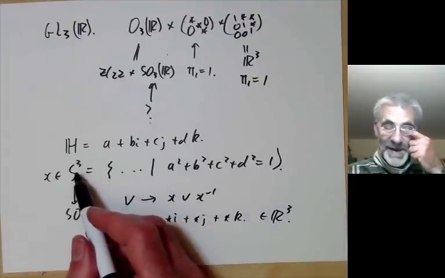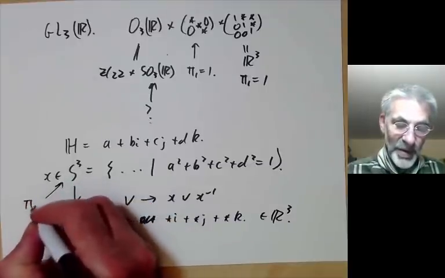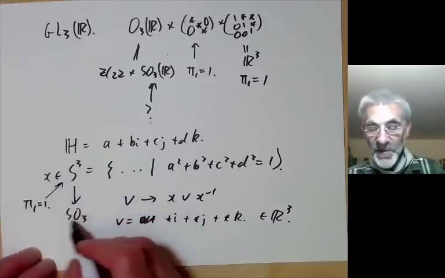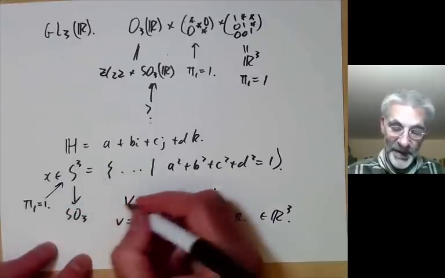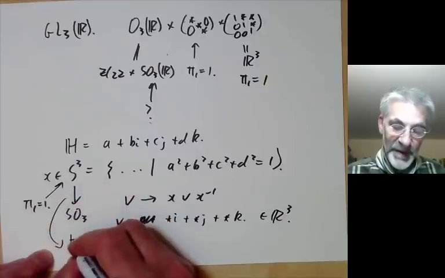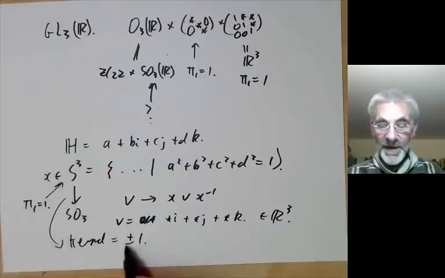So S^3 has trivial fundamental group, so that's quite promising. But SO3 doesn't have trivial fundamental group because this map is not an isomorphism. This map has a non-trivial kernel, and the kernel consists of the elements plus or minus 1.